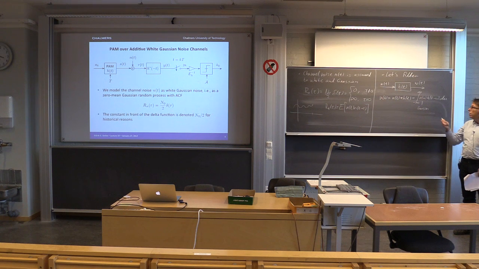If I have a Gaussian random variable and I multiply with a constant, what is the distribution of the product? Gaussian, great. So not only is this Gaussian, but the whole thing is Gaussian.